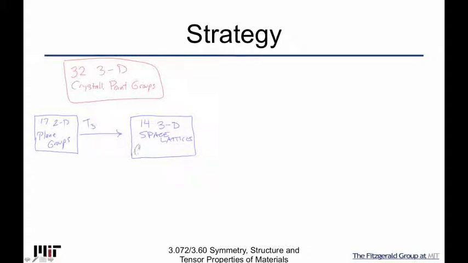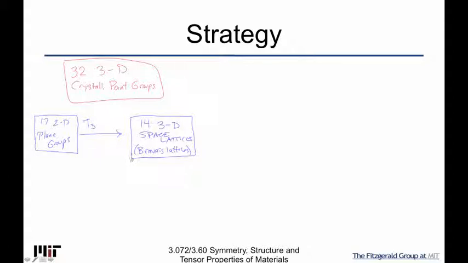And these are also known as the Bravais lattices. So again, it's actually just taking these 17 2D plane groups. How do we add the third translation vector? And the criterion leads us to 14 3D space lattices.